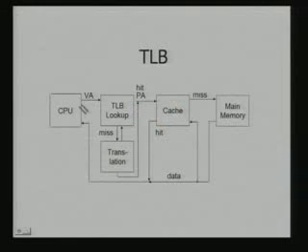So, now what we have got? The CPU generates the virtual address. You have got a TLB, translation lookaside buffer. Now, if there is a miss for this, there can be a miss because I may not have the complete page table loaded. So, if there is a miss, then I have to get that data either from the cache, or I have to get that information from the main memory.